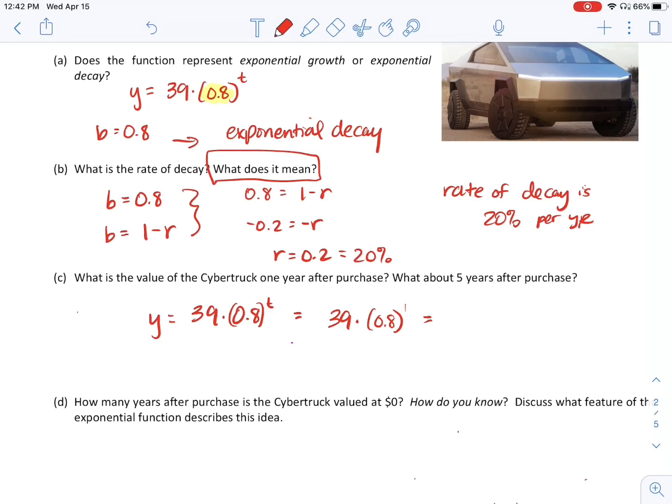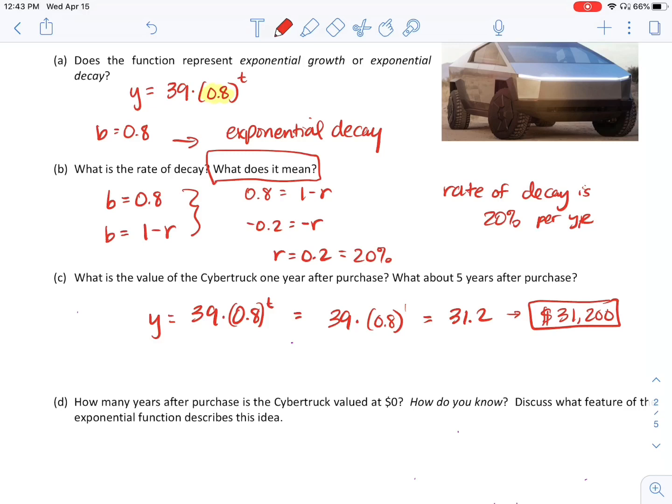If I use my handy-dandy calculator, 0.8 times 39, I get 31.2, meaning that the Tesla truck has a value of $31,200 1 year after purchase.